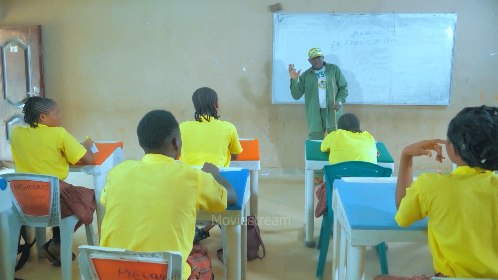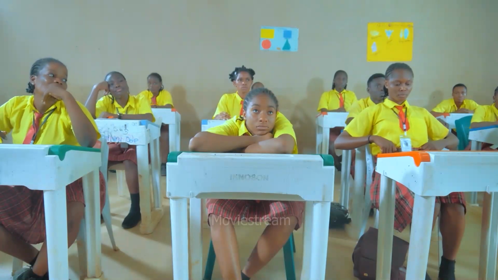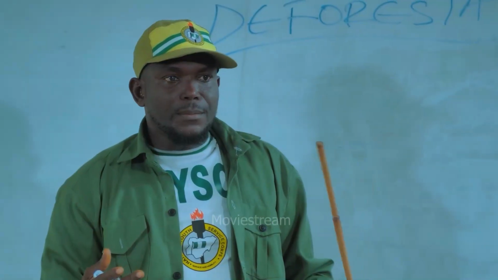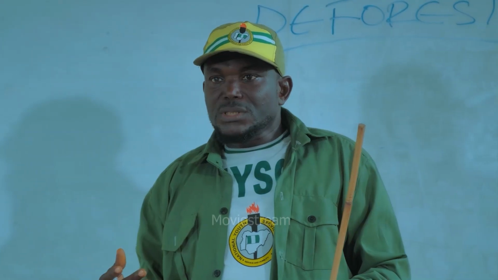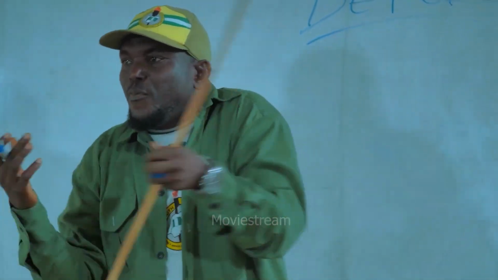Do you get what I said? Yes. That is the definition of deforestation. Now, one importance of deforestation is it gives room for enough growth of plantation that will help give more people food.